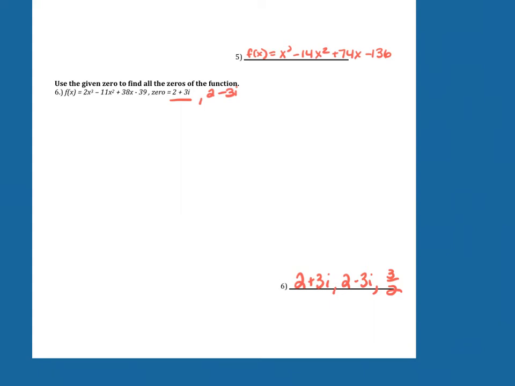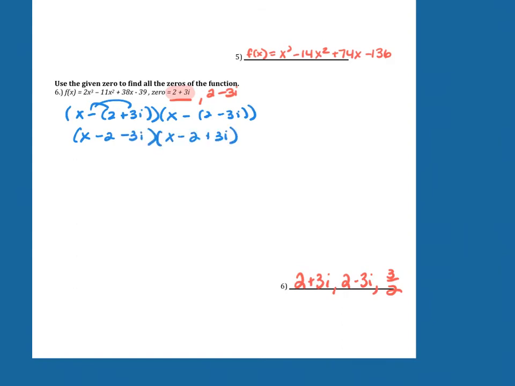Okay, so once you see this, remember all complex numbers come in pairs, right? So I automatically join on the 2 minus 3i. And then I have to do x minus 2 plus 3i and x minus 2 minus 3i. Distribute the negative, so I get x minus 2 minus 3i, x minus 2 plus 3i. Then I'm going to multiply these out.